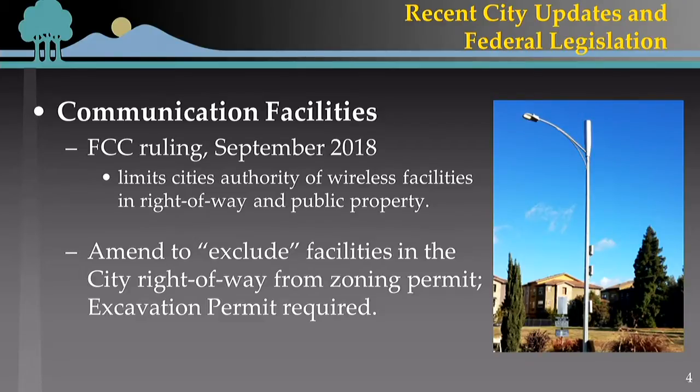Staff proposes to remove in 3 sections of the code the word including, to add excluding the public rights-of-way for zoning permit review of wireless facilities, and continue the review strictly with the Public Works Department with an excavation permit, which will still require review by the Building and Planning Department.